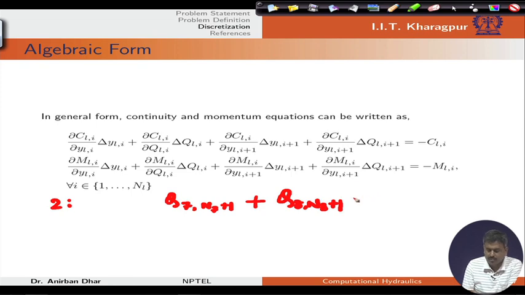This is for junction number 2, and the extraction is the QD amount. So this is the continuity condition.